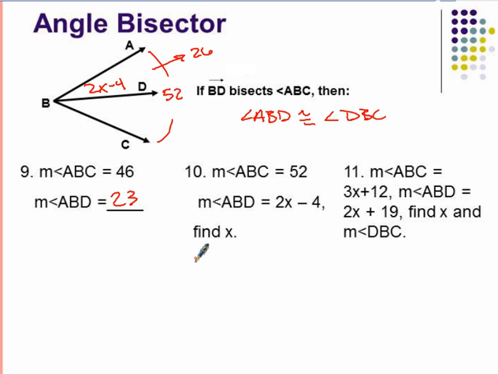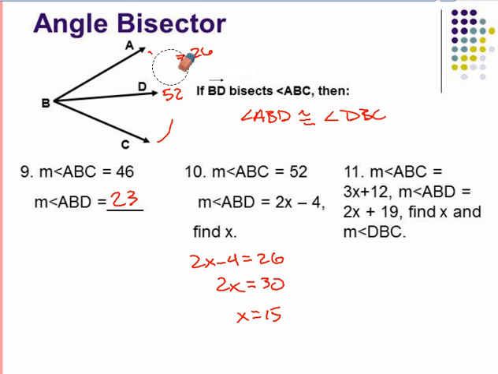So then I can just say 2x minus 4 equals 26. Because it bisects them, I know these two are congruent. And if they're congruent, I have to split this 52 in half to get that one. Then I can just say 2x equals 30, and x equals 15.